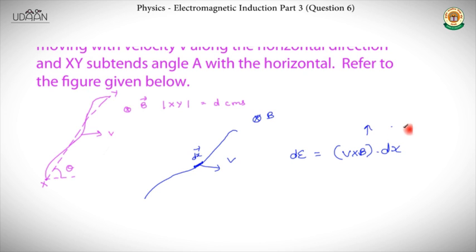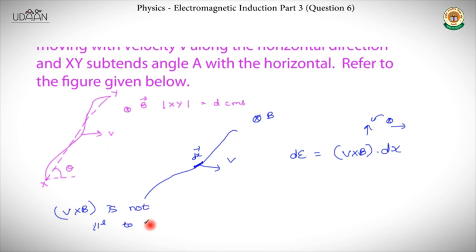If you cross these using the right hand thumb rule, you will get this. So v cross B is not parallel to dx.